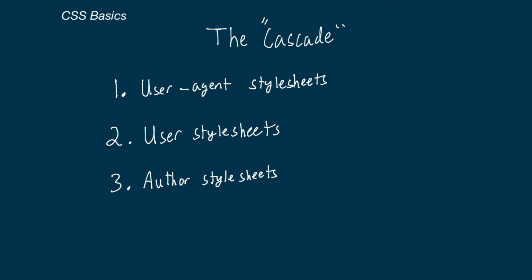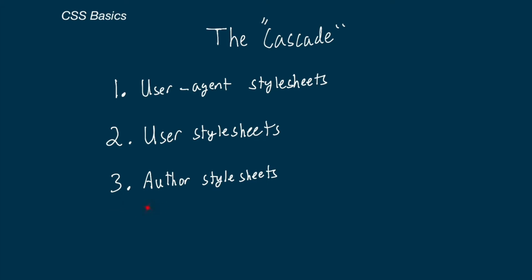Specifically, there are three main types of style sheets. First, the user agent style sheet defines the browser defaults. For example, this contains the default font sizes for the different heading levels. Next, the user style sheet contains any of the user's saved preferences in the browser. These override the user agent style sheet.